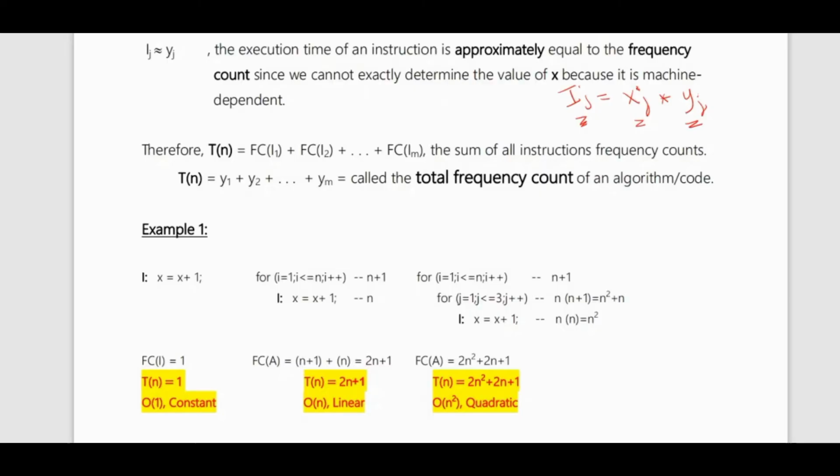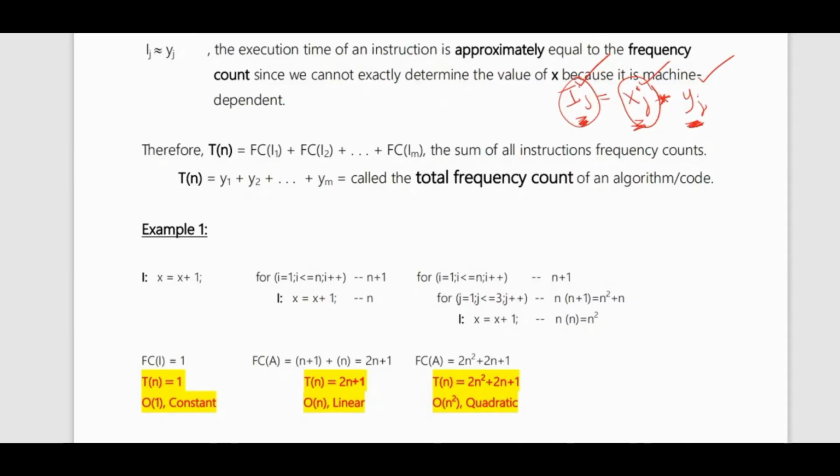So again, the running time of one instruction Ij is equal to xj, the amount of time to execute instruction j, multiplied by how many times that instruction is executed, or the number of repetitions. To find the value of Ij, we need to know these two values, right?